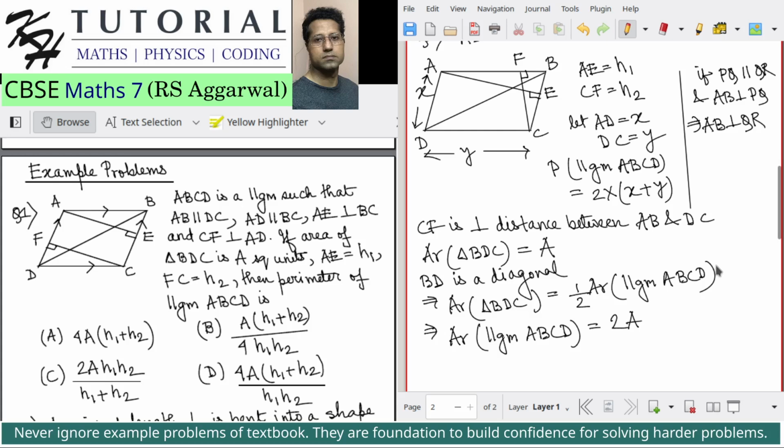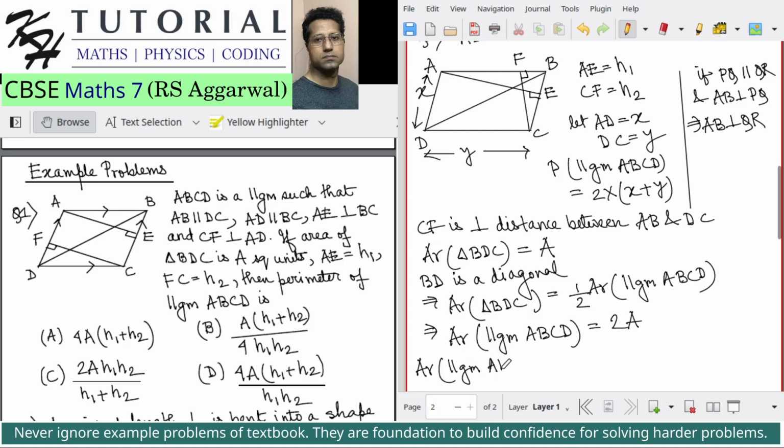Now how do we find x and y, or x plus y? We know the area of the parallelogram and the perpendicular distances between the two pairs of opposite parallel sides. The area of a parallelogram is the product of base and height.